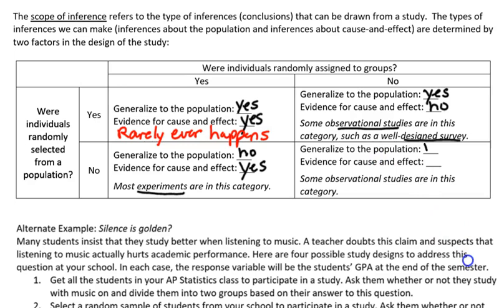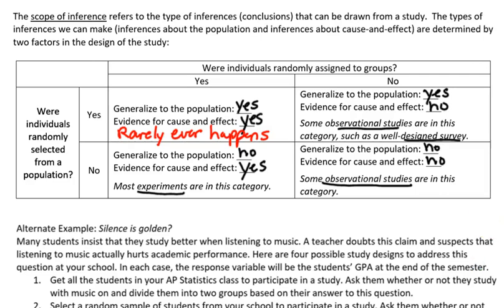So that means in this case we cannot generalize to a population, and we cannot find evidence for cause and effect. Some observational studies are in this category. Now you might think, what's the purpose of the observational study if I can't do either of those two things? Well, I could still find a possible association between two variables, even if it doesn't necessarily apply to everyone. It might lead to further study or lead to creating an experiment then to determine cause and effect.